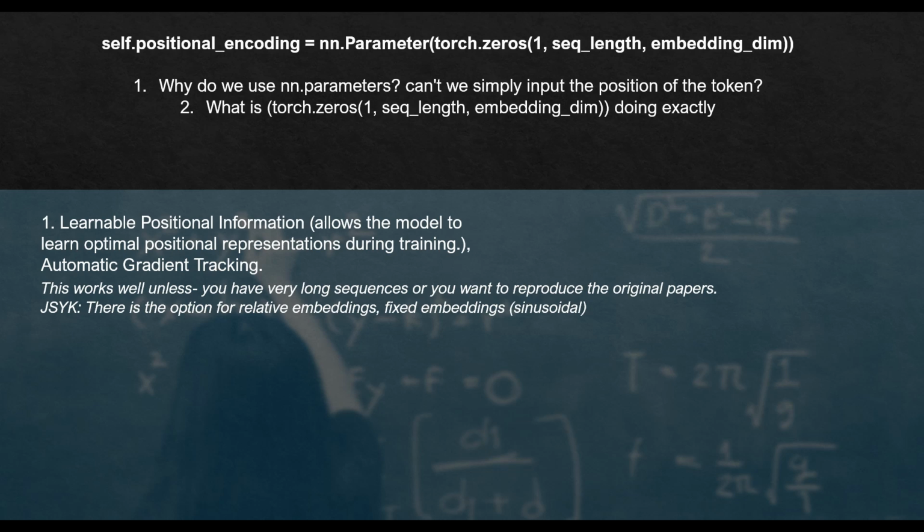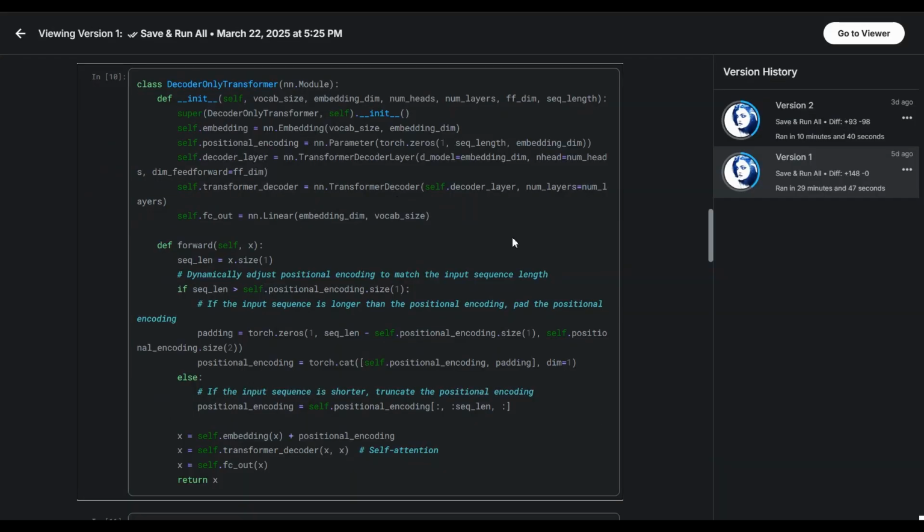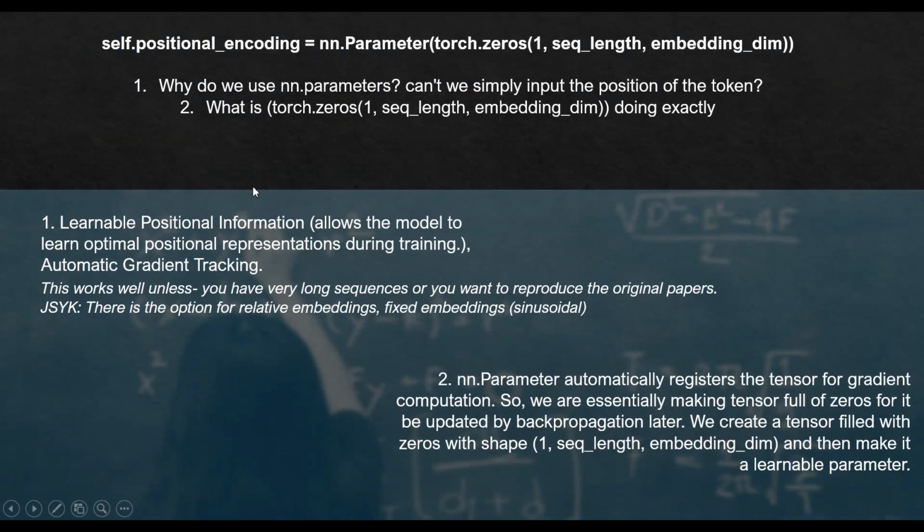There's also an option for relative embeddings, which can be useful especially when you have longer sequences. nn.Parameter automatically registers the tensor for gradient computation, so we're essentially making a tensor full of zeros and then updating it using backpropagation later. That's exactly what nn.Parameter is doing for us. Alright, that's for nn.Parameter. And now we have the decoder layer and the transformer decoder layer.